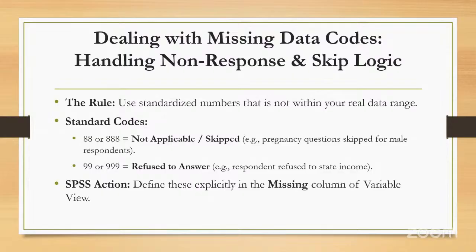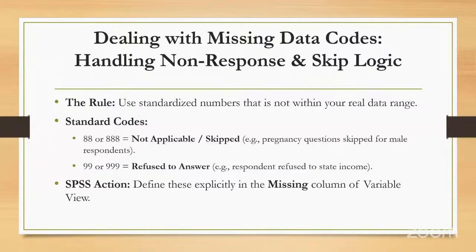If you have a pregnancy question that the males have skipped, you can use that. Or you can use 99 or 999 if they refuse to answer or it is missing. Usually you should define this explicitly in the missing column of variable view.